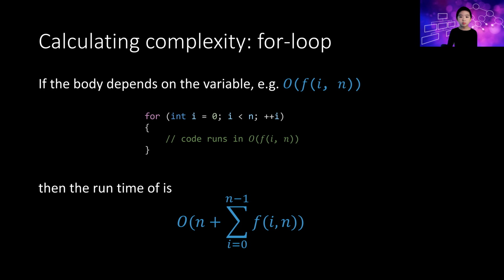The total number of operations will be a summation of all possible I values from 0 to n-1, together with n times of other constant operations. We get this final formula for total complexity. We may be able to simplify it if we know what the function f is.